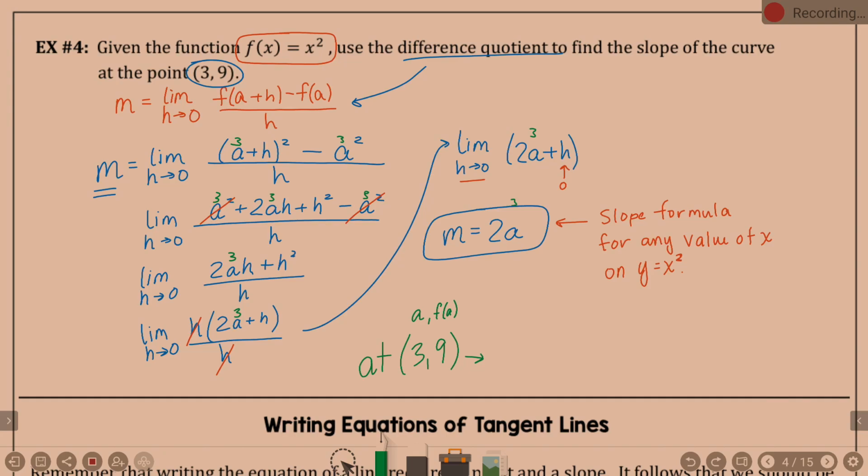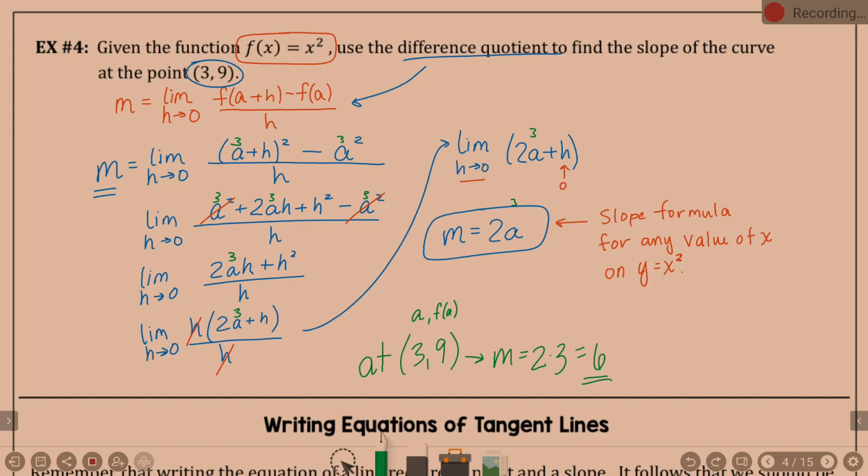If a is 3, then my slope is going to be what? 2 times 3 is 6. By just leaving it as a plus h, we were able to find a general slope formula. We could have also had 3 in there from the beginning and worked with 3, and we would have gotten our answer of 6 also.